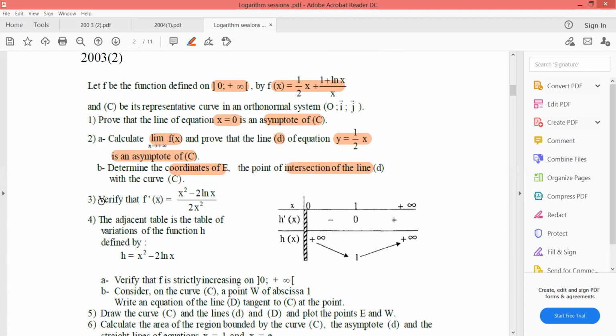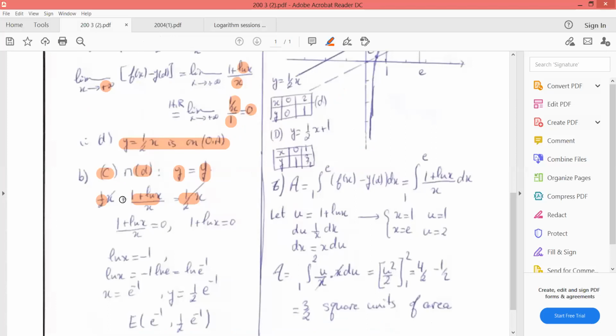Y of the curve is half x plus 1 plus ln x over x, equal half x. Half x with half x, 0. So 1 plus ln x over x equals 0. It means the numerator equals 0.